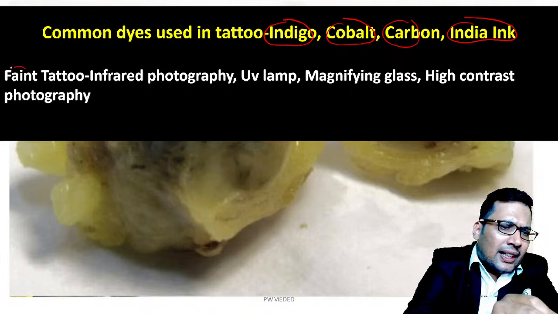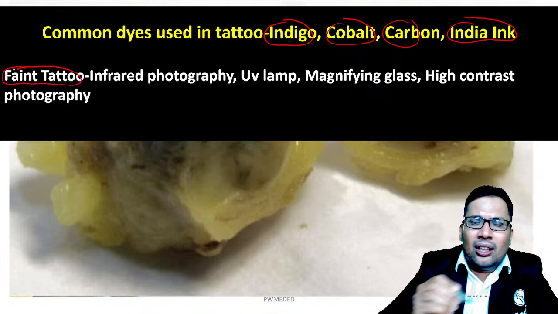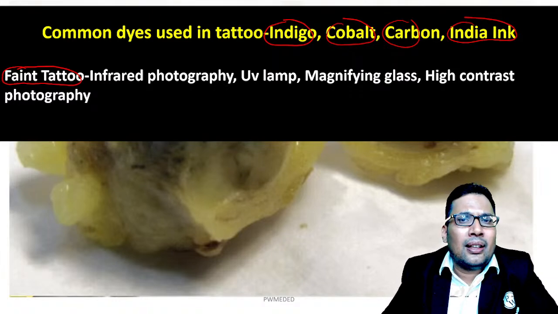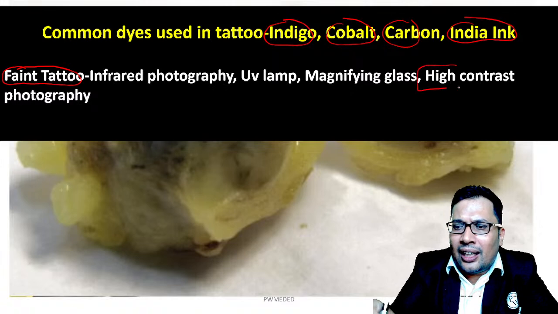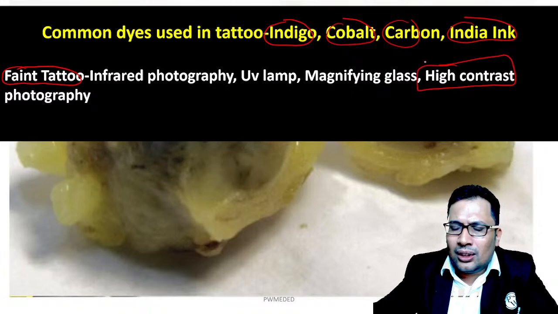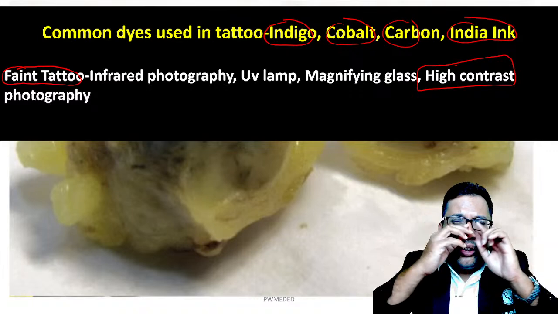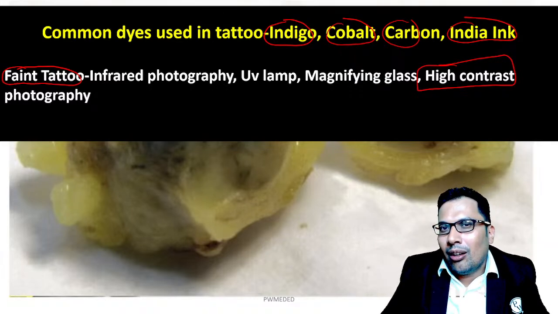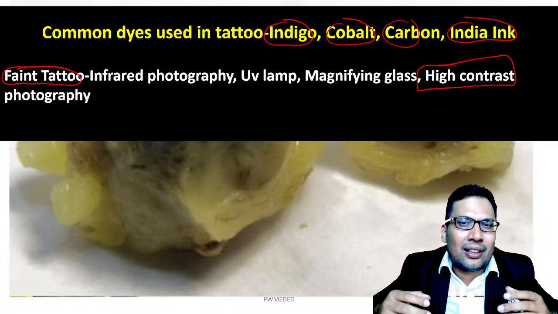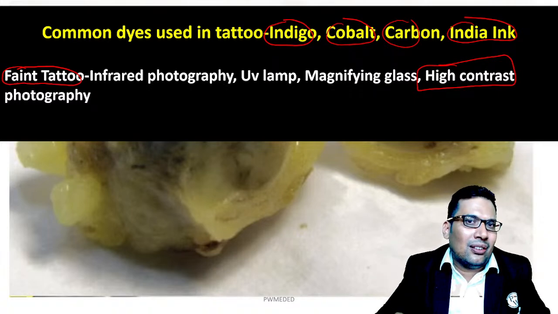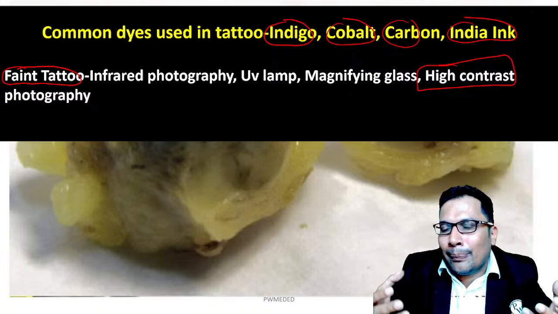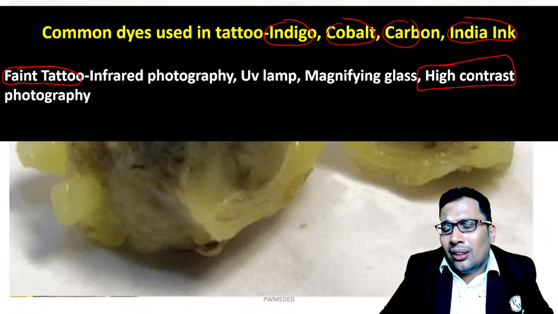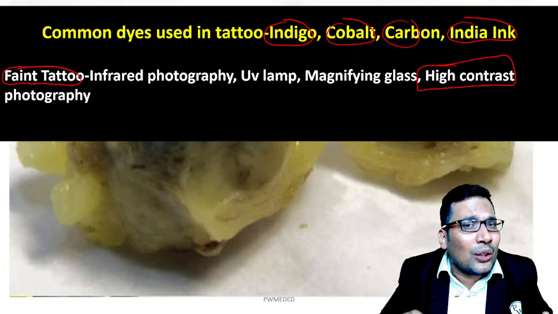If a faint tattoo is there, you can use infrared photography, UV lamp, magnifying lens and high contrast photography. Remember, the tattoo has very important medico-legal importance. With the help of a tattoo, you can identify the religion of the person. It will give you some idea about the personality. For example, if an Om mark is there, then it is of Hindu religion, like that.